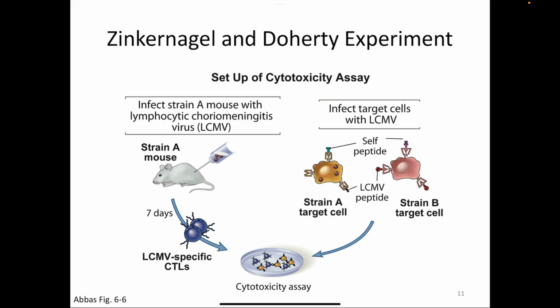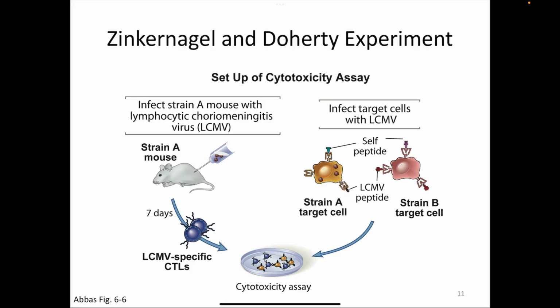One would be LCMV infected cells from strain A. One would be LCMV infected cells from strain B. And remember, strain B is genetically different from strain A. One would be uninfected cells from strain A, so strain A cells that don't have the virus, normal strain A cells.